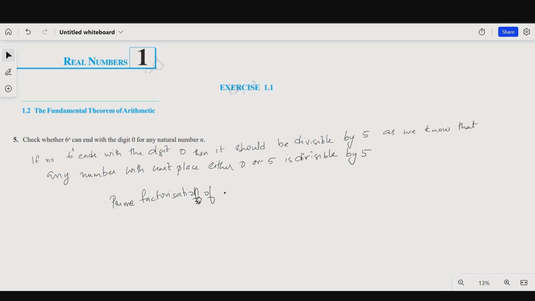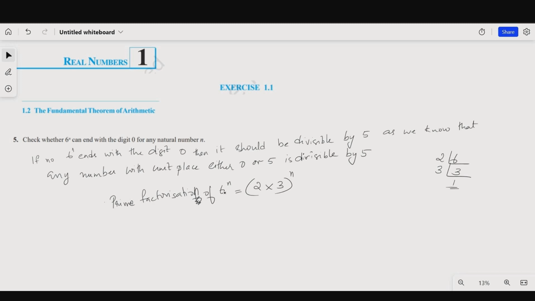So the prime factorization of 6 to the power n: 6, the smallest prime number that can divide 6 is 2, 2 3s are 6, 3 itself is a prime number, so 3 1s are 3. So 2 into 3 bracket raised to n, since it is 6 raised to n, so 6 can be written as the product of prime factors 2 and 3 raised to n.